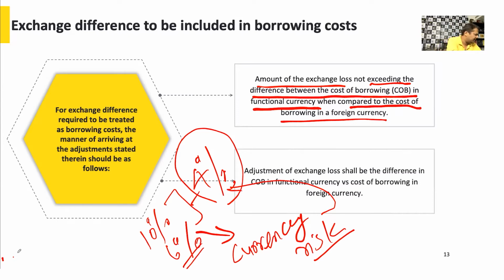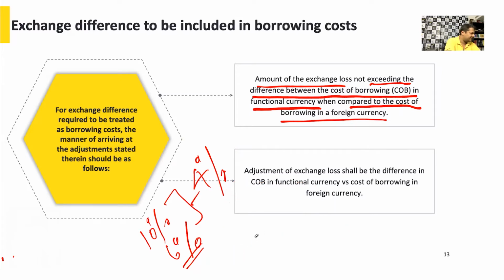Now, the adjustment on account of exchange loss shall be the difference in cost of borrowing in functional currency versus cost of borrowing in foreign currency.